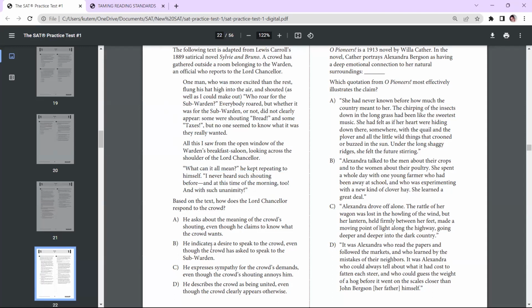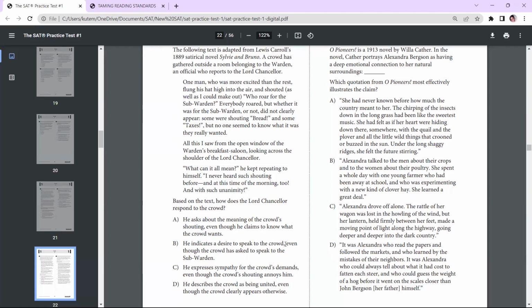And then B says he indicates a desire to speak to the crowd. Let's see, I'm trying to remember if there was an element of that. Yeah, there's nothing that even talks about wanting to speak to the crowd.